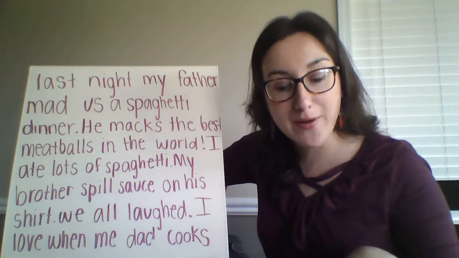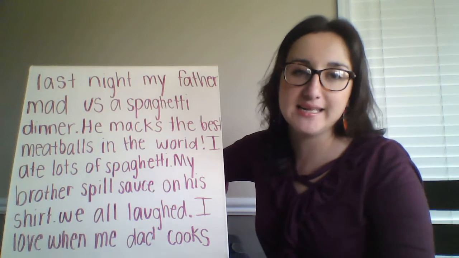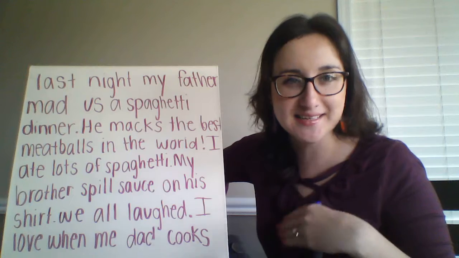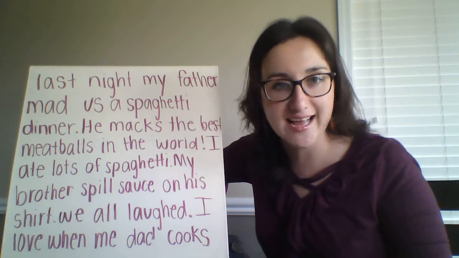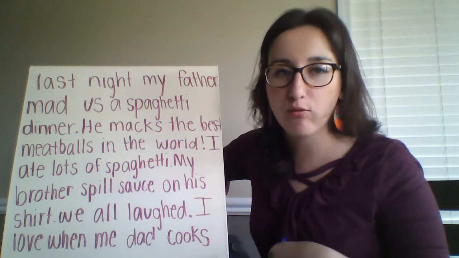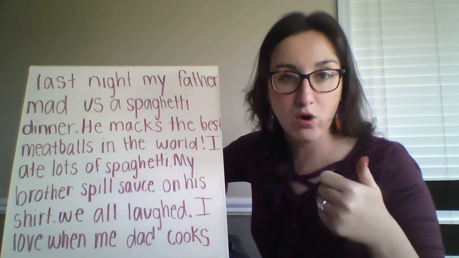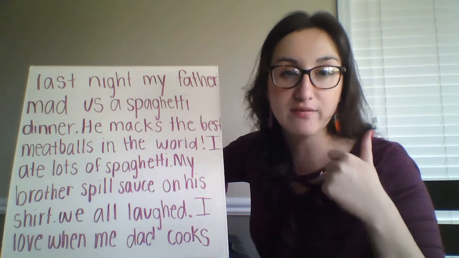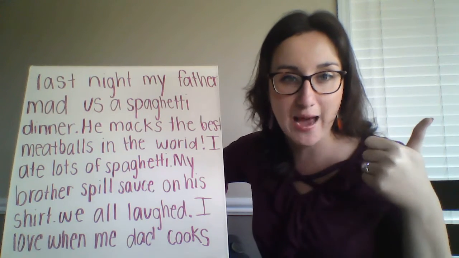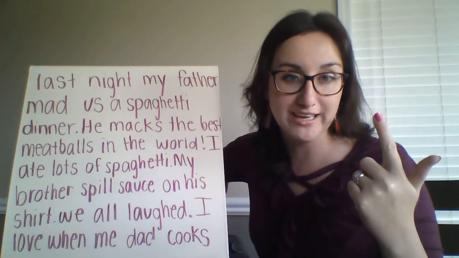I read through the passage once, and now I'm going to read it sentence by sentence and try to make edits as I go through. When I am editing, I am looking for any errors in capitalization. So I want the first letter of the first word of the sentence capitalized. I'm also going to be looking at punctuation.